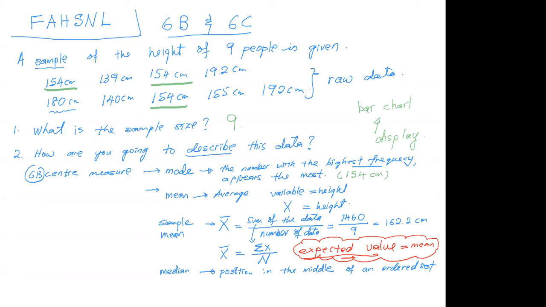And you want to find the position for this one, what you can do is you can use this formula. Okay, our n is 9, 9 plus 1 over 2. So it's the fifth data, am I right?